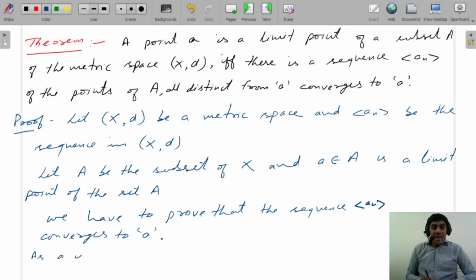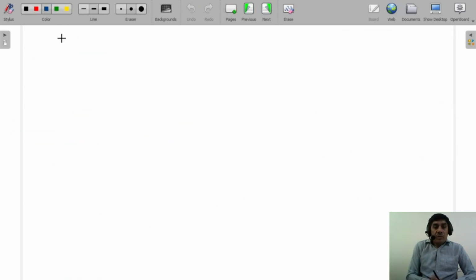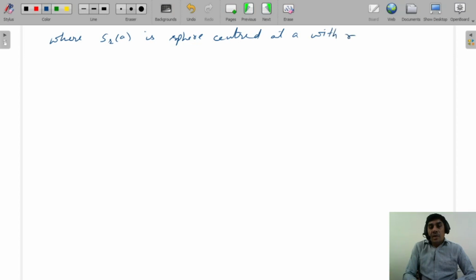As a is a limit point of capital A, there exists r1 greater than 0 such that the sphere centered at a with radius r1 intersect A minus {a} does not equal phi, where S(a, r1) is the sphere centered at a with radius r1.